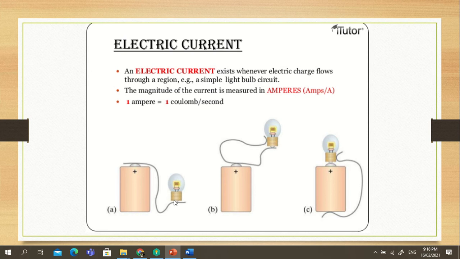For the current to flow, there should be a closed circuit, so it won't flow in this one, and also this one won't flow. But in this one, since there's a complete circuit, with this the positive part of the battery and this the negative part of the battery, positive connected to negative, the electrons will flow. So there will be light in the bulb. But in these two cases, the light will be off.